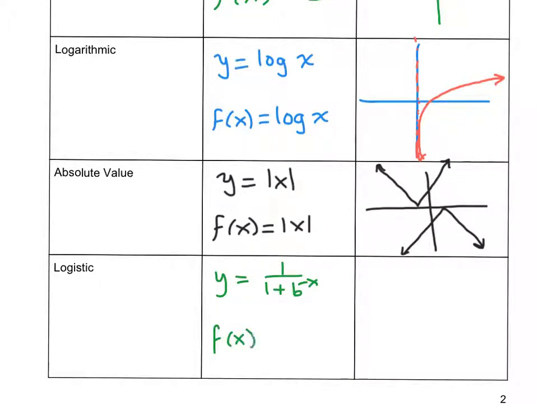And in function notation, it could be the same thing, 1 over 1 plus b to the negative x. Logistic growth is a very slow growth. It's very flat, but unlike the exponential, it kind of takes off, but then it slows down again. So it looks something like that. You see a lot of logistic growth in statistics and probability. So you'll see how the probability will approach a certain number, so that's very indicative of logistic growth.